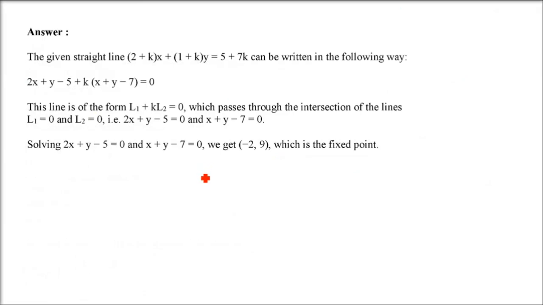Question 10 is show that the straight lines given by (2 plus k)x plus (1 plus k)y equals 5 plus 7k for different values of k pass through a fixed point. Also find that point. So remember, everything is the same, only lambda is replaced by k.